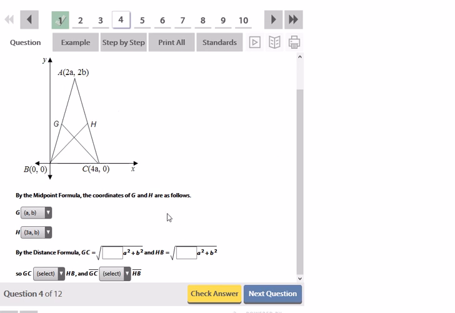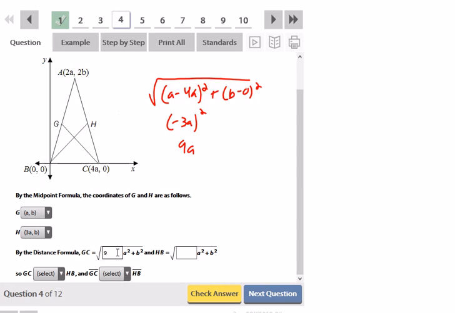By the distance formula, GC, so from G to C, G is at AB, so we would do A minus 4a squared plus b minus 0 squared. So a minus 4a is negative 3a squared, but it looks like they've already squared it. That would give me 9a. So there should be a 9 here.